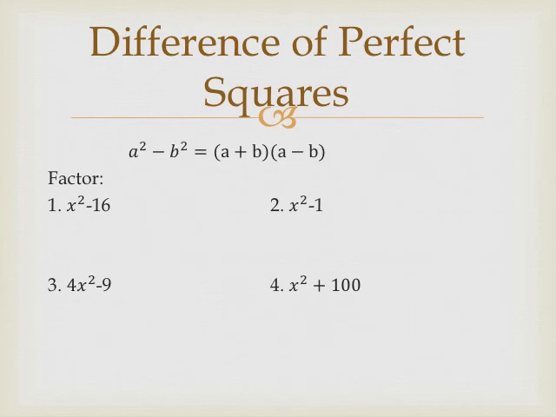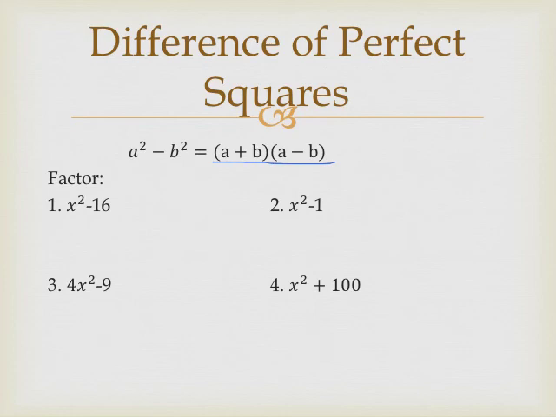The reason that none of those had middle terms was because they were something called conjugate pairs. Okay? What a conjugate pair is, is listed right here. They're basically the same two terms, a plus b and a minus b, but one is positive and one is negative.